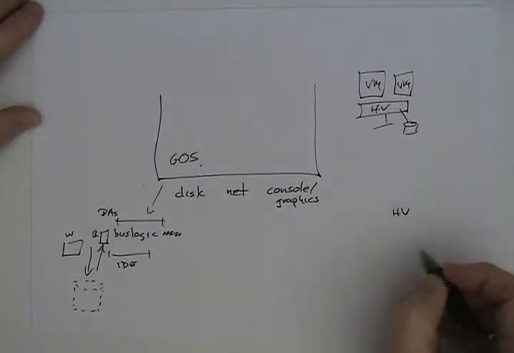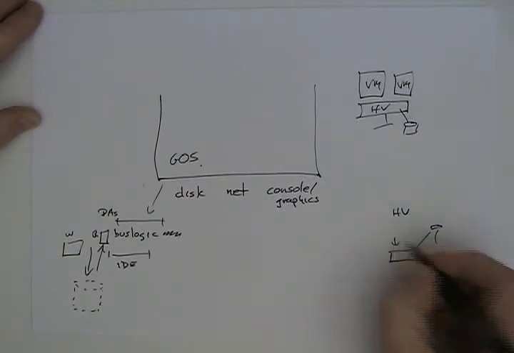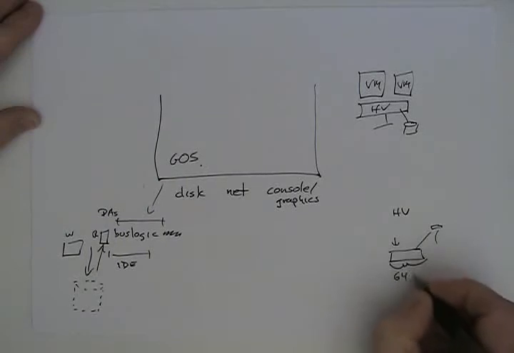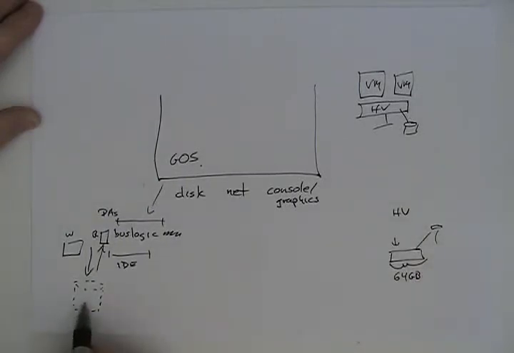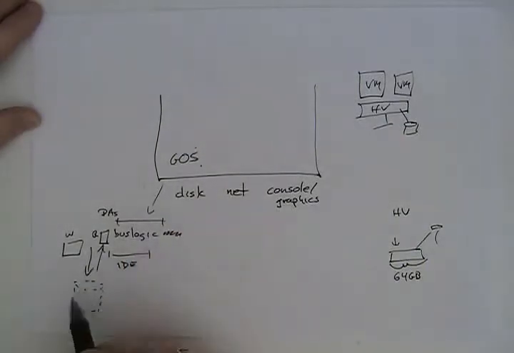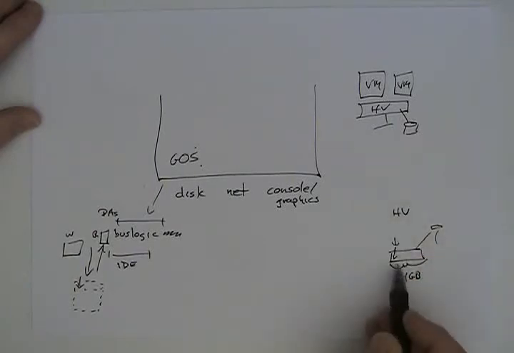So the hypervisor is going to have a file system of some sort, and in that file system it'll just create a great big file. If we want a 64 gigabyte disk, it'll create a 64 gigabyte file, and then if the guest OS is trying to write to the first block of its virtual disk, that's actually going to write to the first block in this file here.